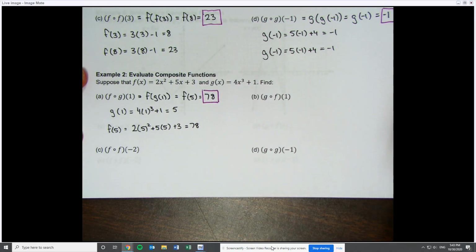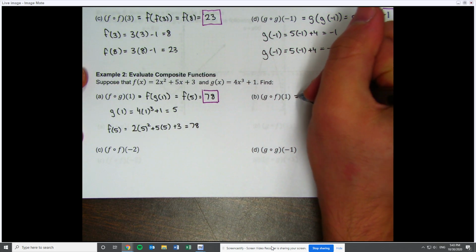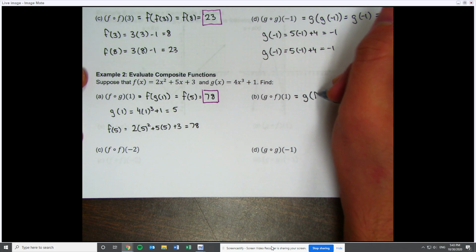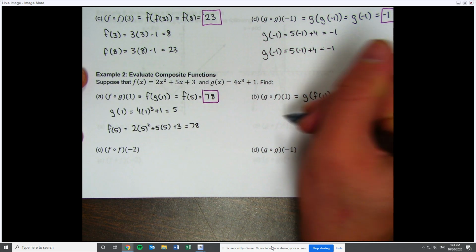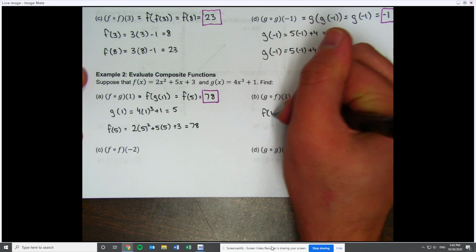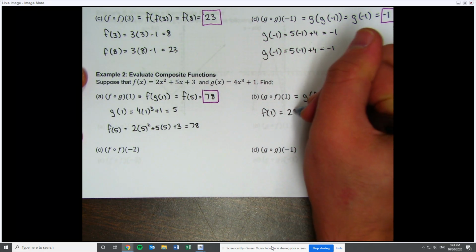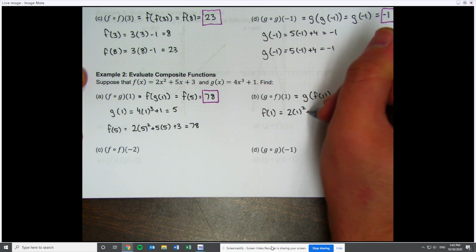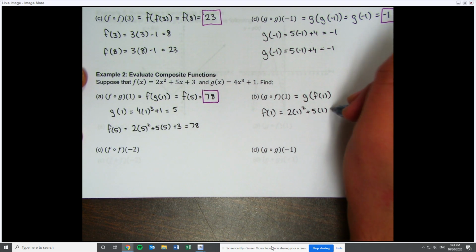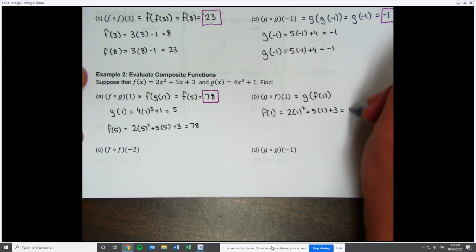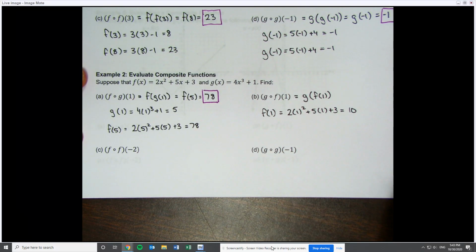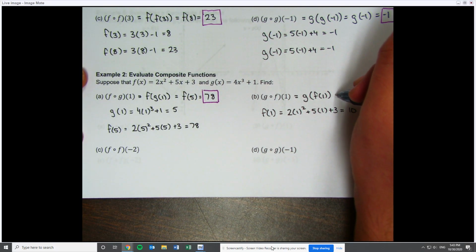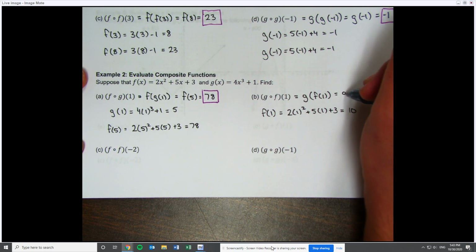Okay, now doing this next one, I have g of f of 1. I will start by doing f of 1 now. So I have 2 times 1 squared plus 5 times 1 plus 3. That gives me 10. So I can already tell that this is different.